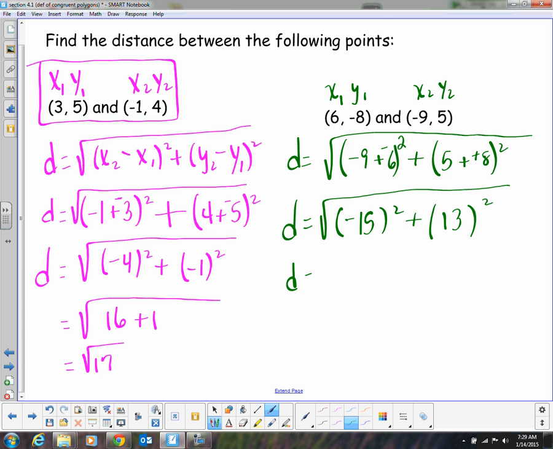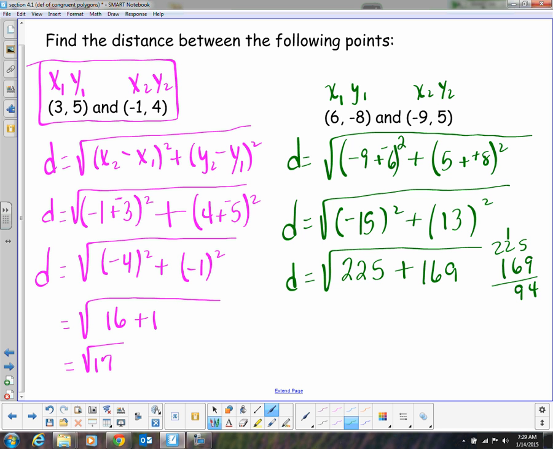All right, so when you square -15 times -15, that is 225. 13 squared is 169. I do not know what these are, so let's look. So 9 plus 5 is 14. Carry your 1. 6, 7, 8, 9. 2 plus 1 is 3. So this is going to be the square root of 394.